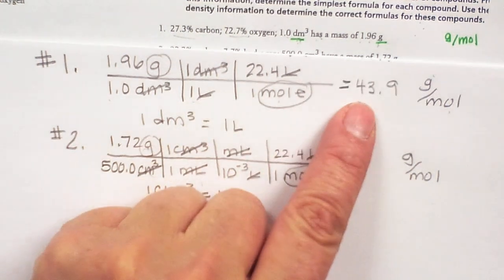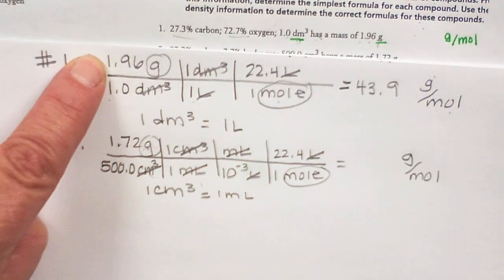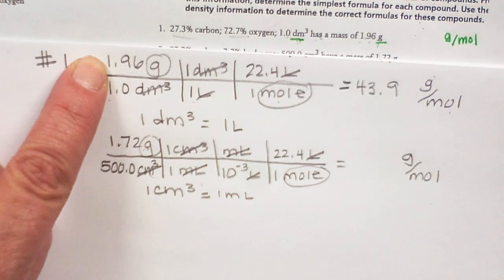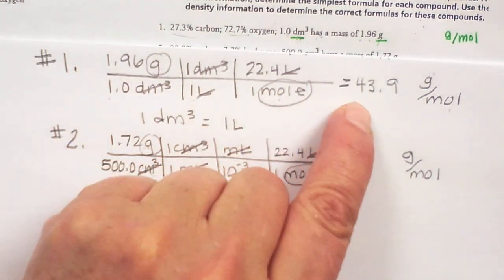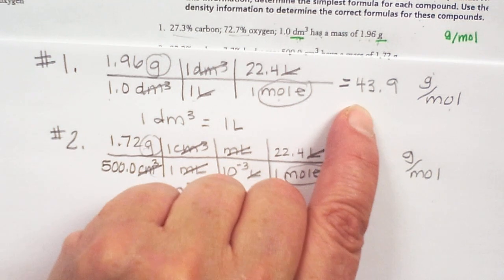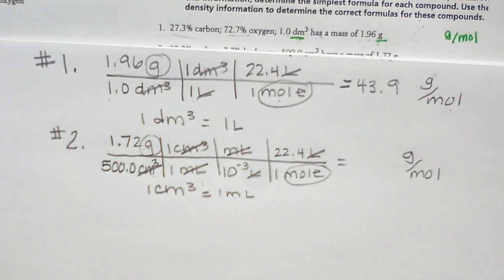So that sounds correct. 1.96 grams per mole does not sound like something I can use for my molar mass. But 43.9, that does sound like a molar mass. Does that make sense? Because remember, I have to divide my molar mass by my empirical mass. So 1.96 is not something I can divide by an empirical mass. No, that does not work.